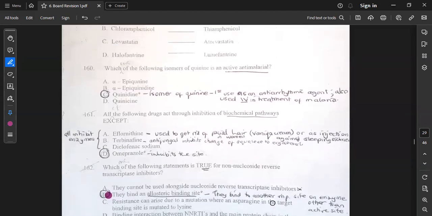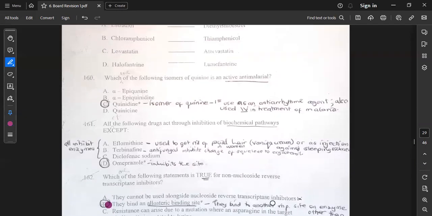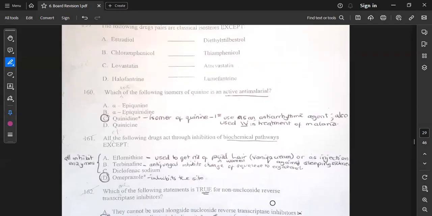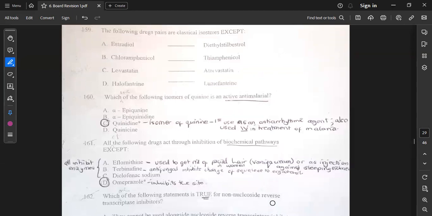For the mechanism of action, NRTIs bind to the DNA polymerase site, but NNRTIs bind to an allosteric site. When it binds there, it causes a conformational change in the DNA polymerase site where the enzyme binds, so the enzyme cannot bind there.